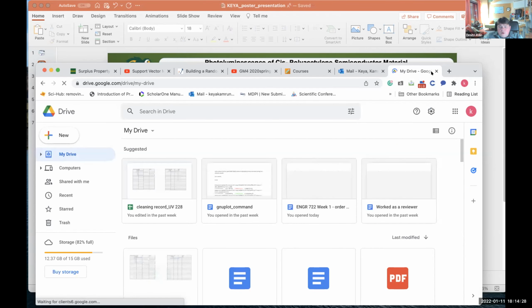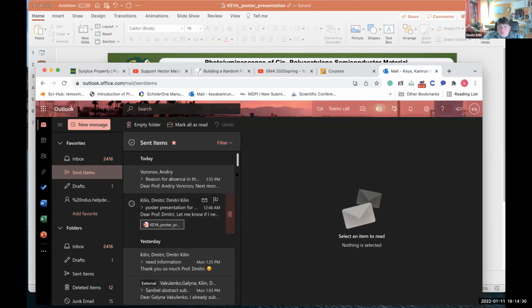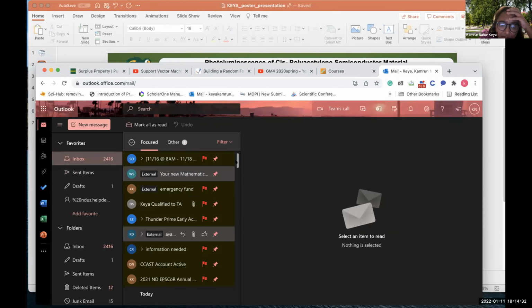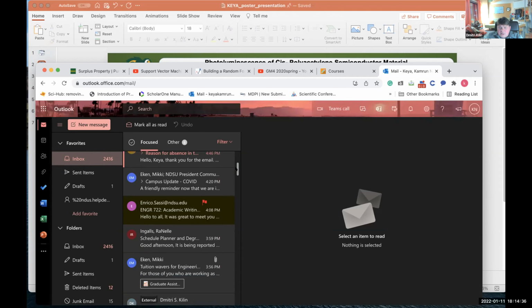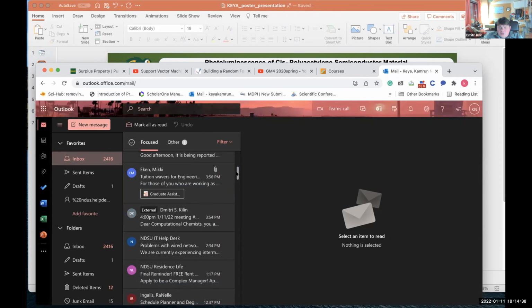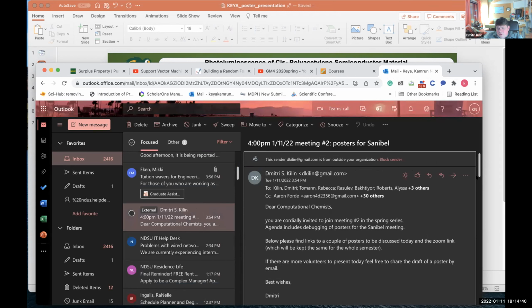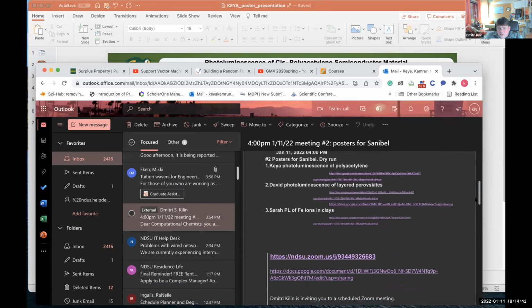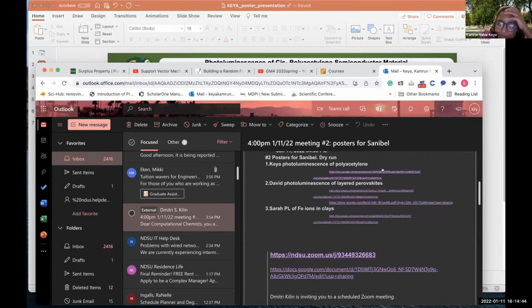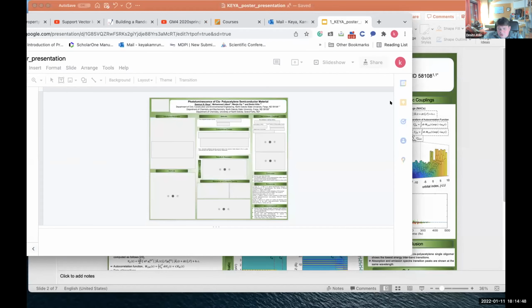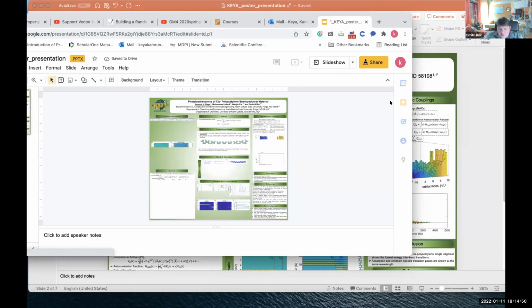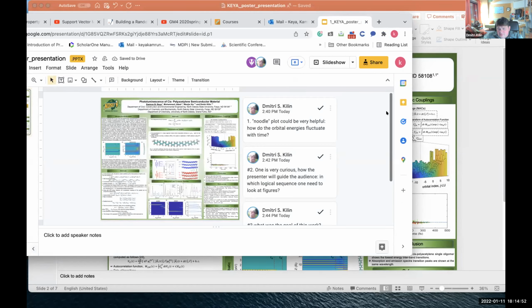Oh, the only one I asked for comments on was the noodle plot. Second, in which order to show the figures, which you already addressed. Third, what's the goal and main challenge? Just predict spectral signatures. And number four, other experimental data to compare with.